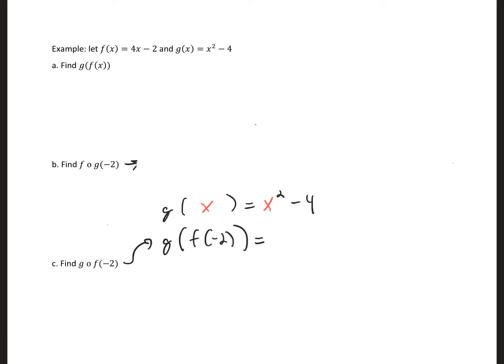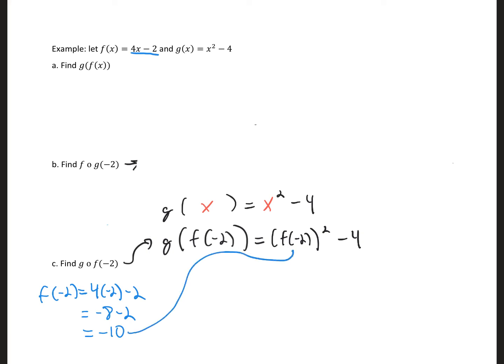So we want to replace that x with f of negative 2. So we need to find f of negative 2 to replace that. F of negative 2, if I use the f of x function, is 4 times negative 2 minus 2. That's negative 8 minus 2 is negative 10. That's what I need to replace there.